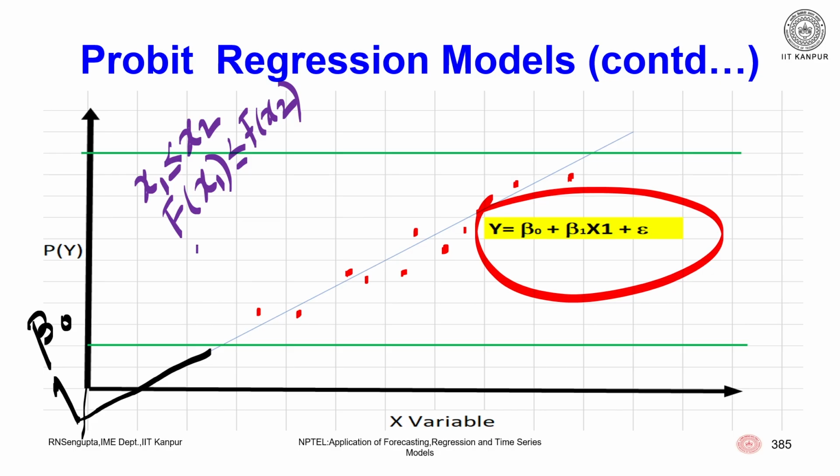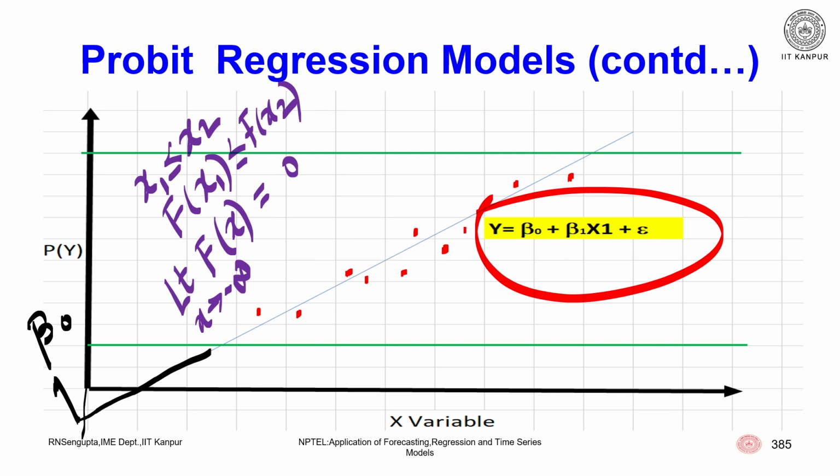Point number 2 is that in the limiting case, as x tends to minus infinity, the distribution function value is 0, because you are adding up the values from minus infinity to minus infinity.